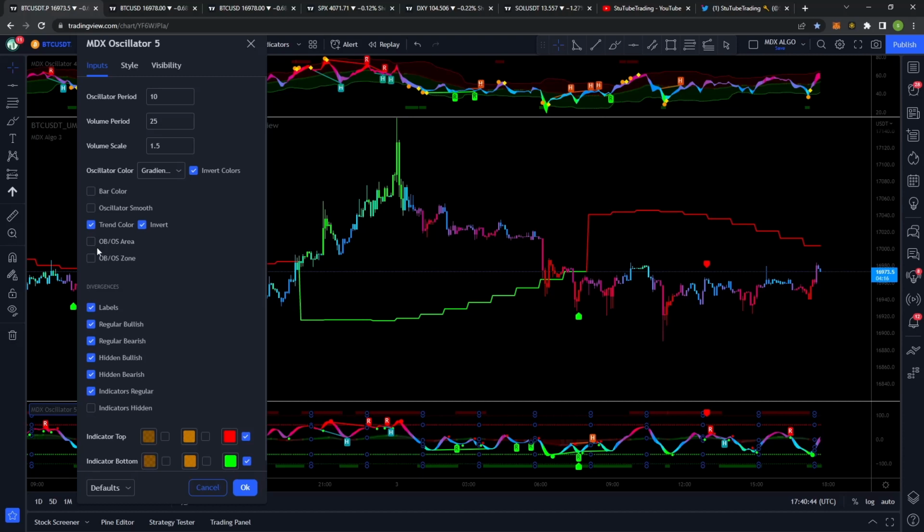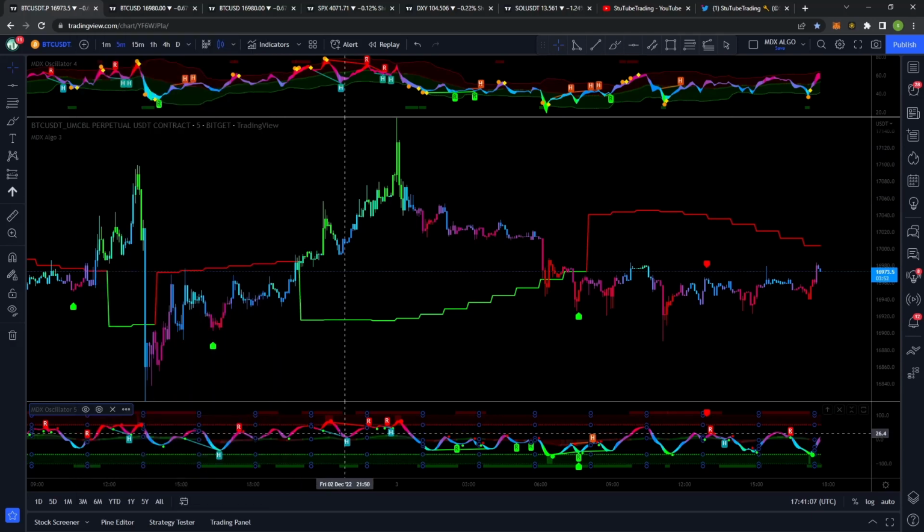Let's try overbought, oversold area. Okay, so that was these little squares here. And overbought, oversold zone, that would be like the full rectangles, the full areas, I guess.